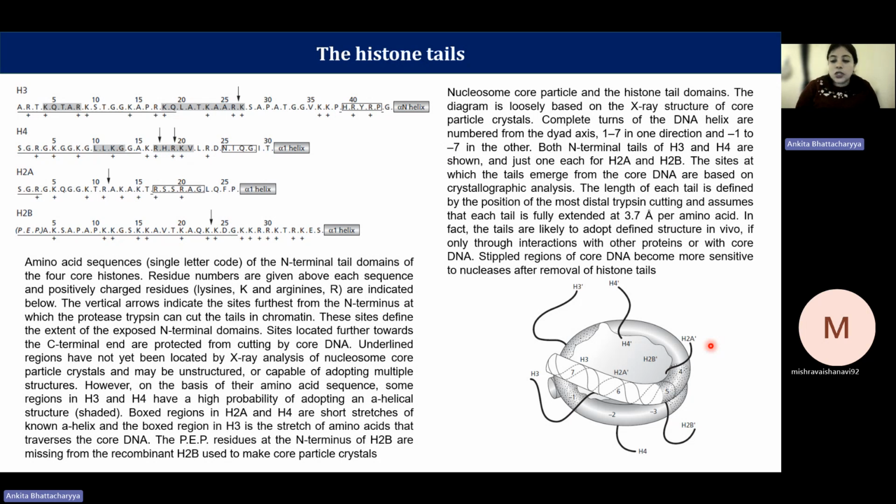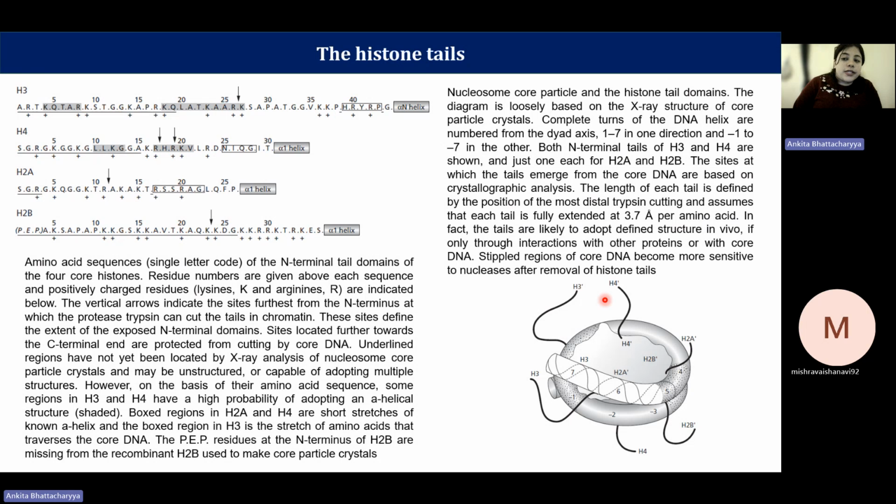So what we are focusing on right now is the fact that because these are extensions of the protein, there are certain regions which are not directly a part of the nucleosome, but they are components of the nucleosomal structure, and they are called the histone tails.